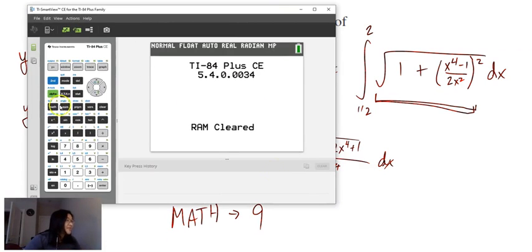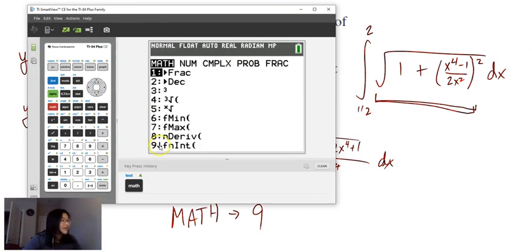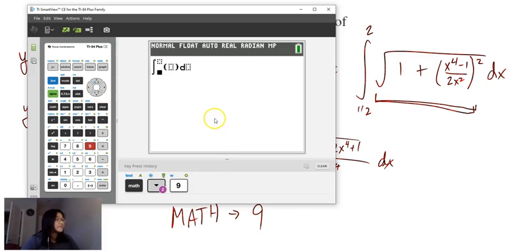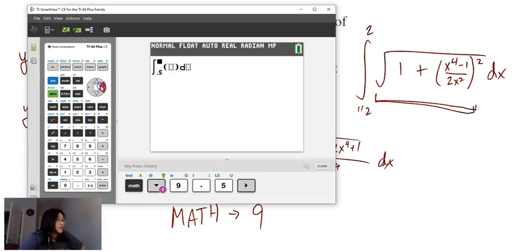Okay, so click on the math button, and then see this FNINT, so that you can get to that by arrowing down, or you can just hit 9. This one's fancy, so it gives you this fun interface, but if you don't have this, then you can use commas in between the things that you're inputting. So lower bound is 0.5, arrow over to the upper bound is 2.